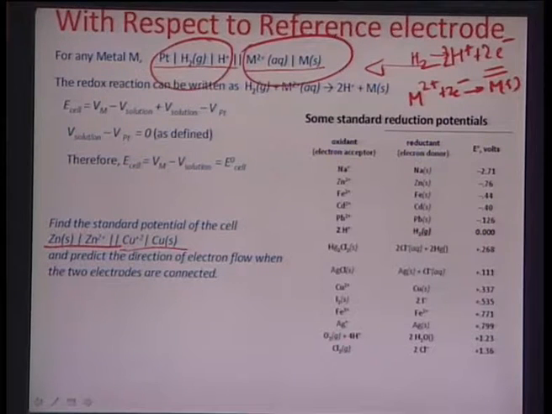So, this redox reaction can also be written as H2 plus M2+ gives 2H+ plus M(s), as illustrated in this equation here.